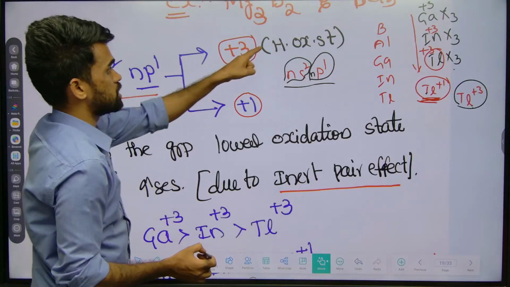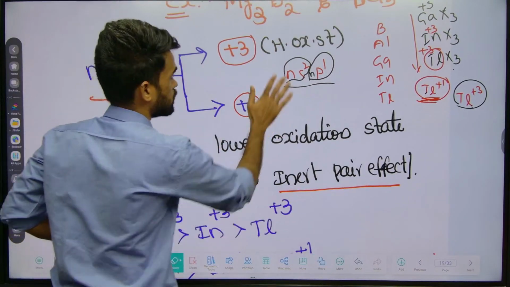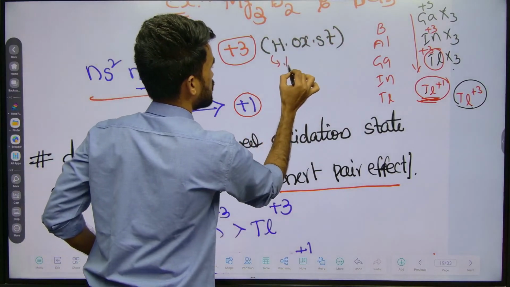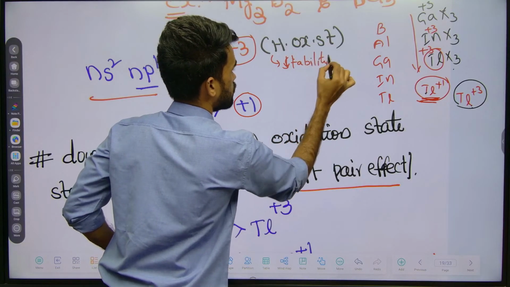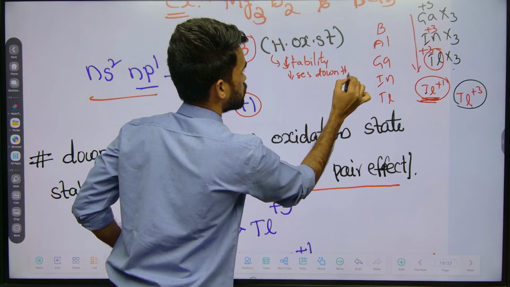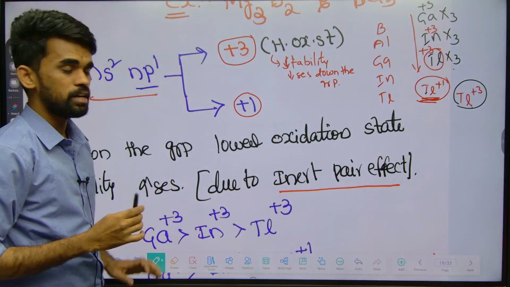Okay. So there are 2 possible oxidation states. First, higher oxidation state. Let us make one simple statement: higher oxidation state stability decreases down the group. Why? What is the reason? Inert pair effect.